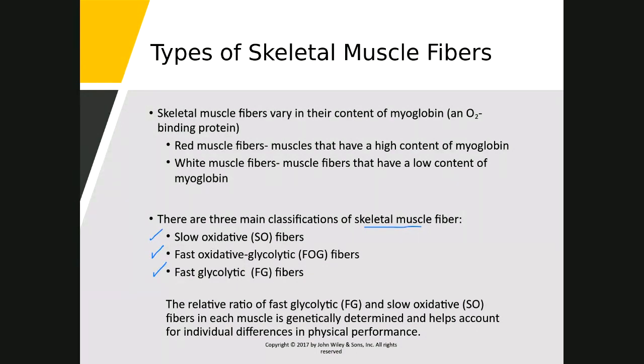Red muscle fibers have a high content of myoglobin, versus white muscle fibers, which have less myoglobin. Often the ratio of all of these sometimes can be affected genetically, sometimes can be influenced by a person's physical performance.